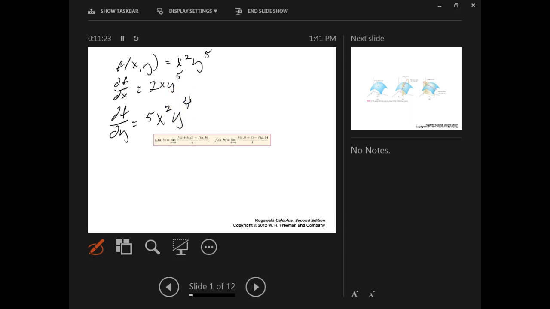You got it. Exactly. The partial of f with respect to x, which we could have written as f sub x, is 2xy to the 5th. And the partial of f with respect to y, which we could have written as f sub y, would be 5x squared y to the 4th.